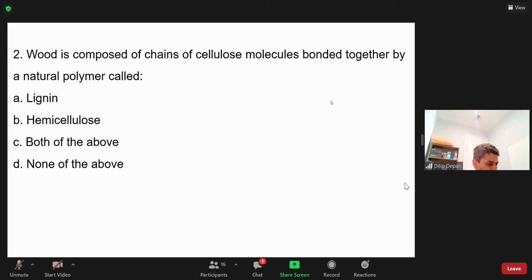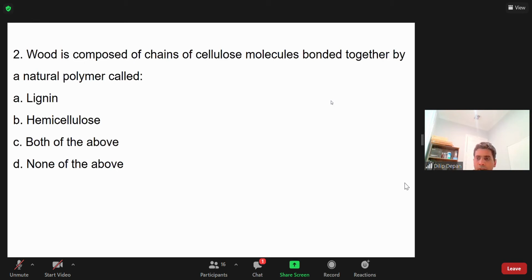So as I said, in wood, the cellulose fibers are aligned. They are highly crystalline, so they are aligned in a preferential direction. However, they are tightly embedded in two components. The one is the hemicellulose. Hemicellulose consists of branched amorphous chains.